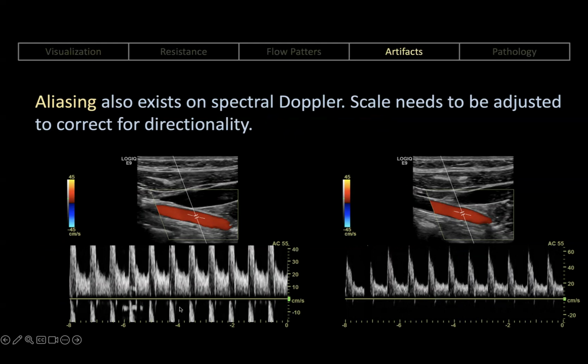So you can see that aliasing can occur both within color Doppler images and spectral Doppler images. What you have to do in these cases is just adjust the scale. Here you can see the scale went up to about 45 centimeters per second. Here we adjusted it to 60, 70 centimeters per second, and now the entire waveform is able to fit and it doesn't alias on the spectral waveform.